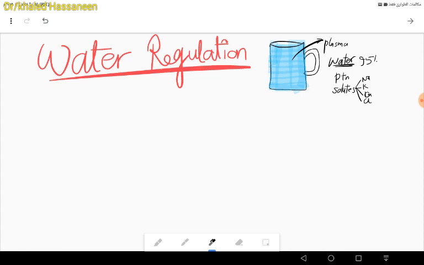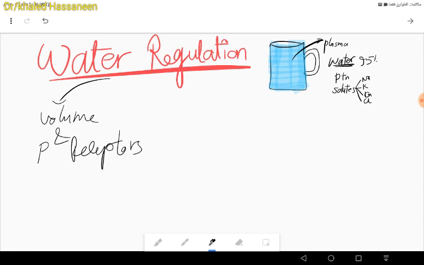This water is regulated by different mechanisms. So basically there are three types of mechanisms that are stimulated or inhibited to regulate the water content of the body. The first type is the volume and pressure receptors, also called osmoreceptors and baroreceptors.